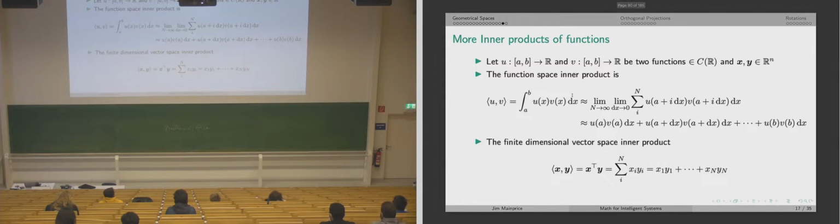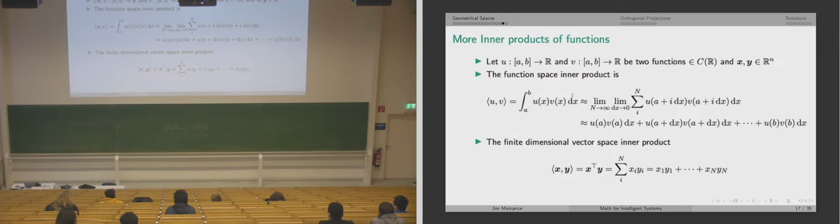Just to give you some intuition, in the finite dimensional vector space inner product, where we have two vectors with coordinates x and y, and we use the dot product to compute the inner product between them, we also end up with the sum of little products of their coordinates.